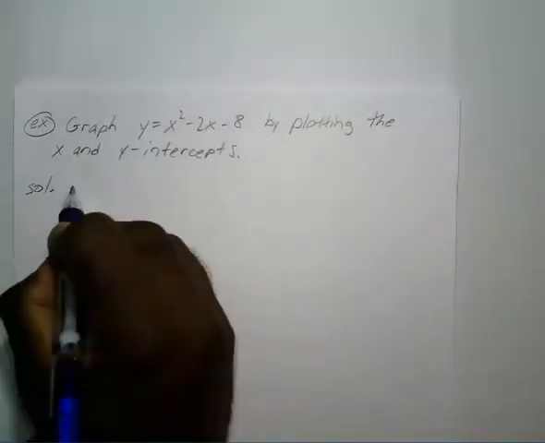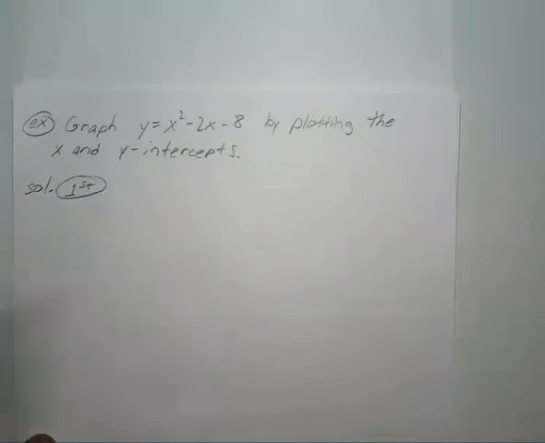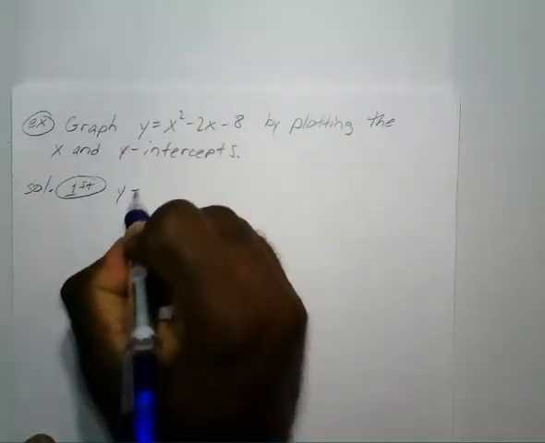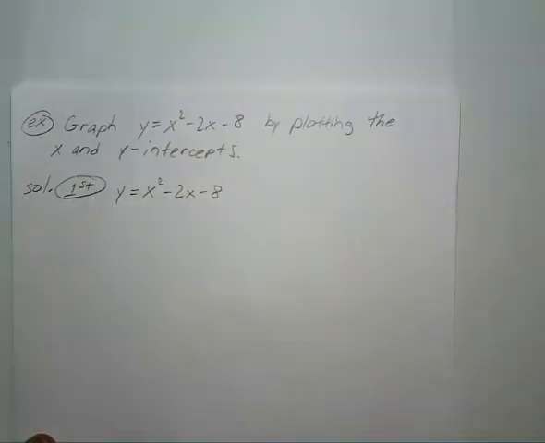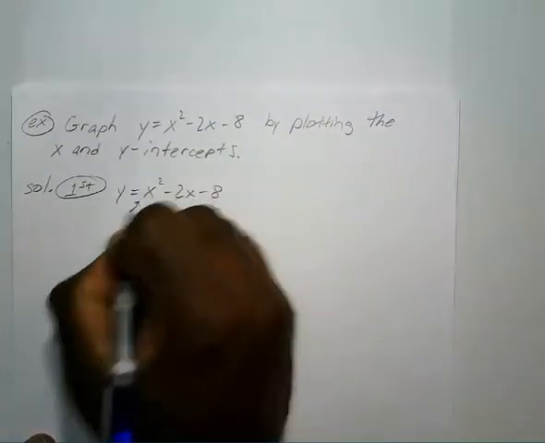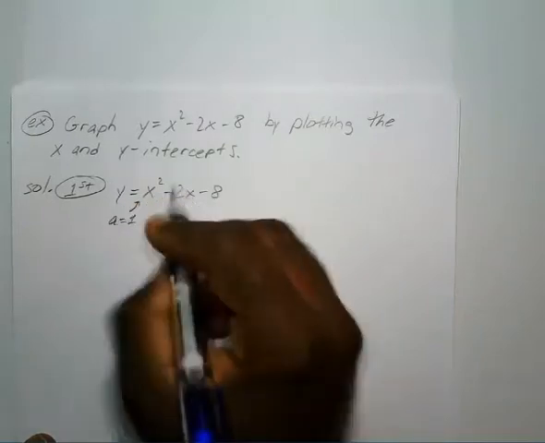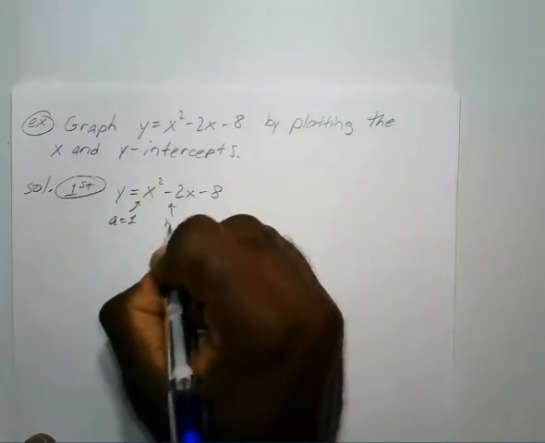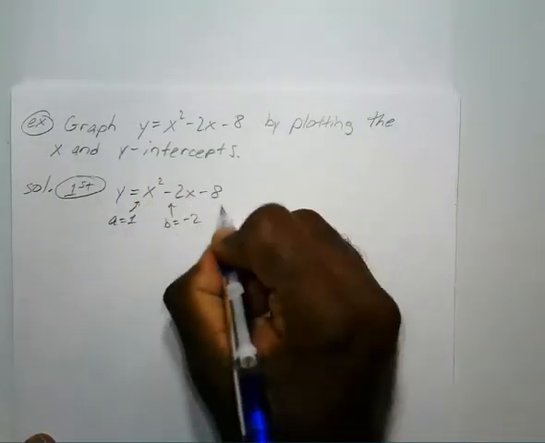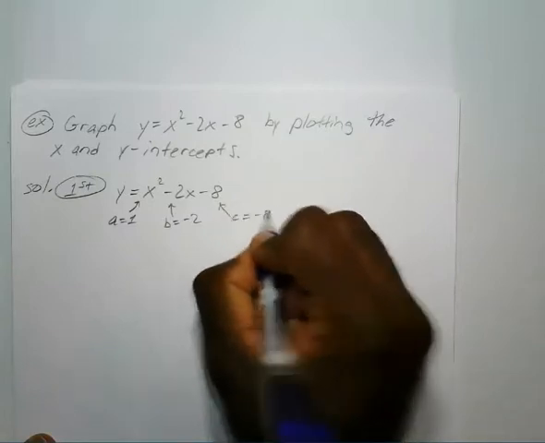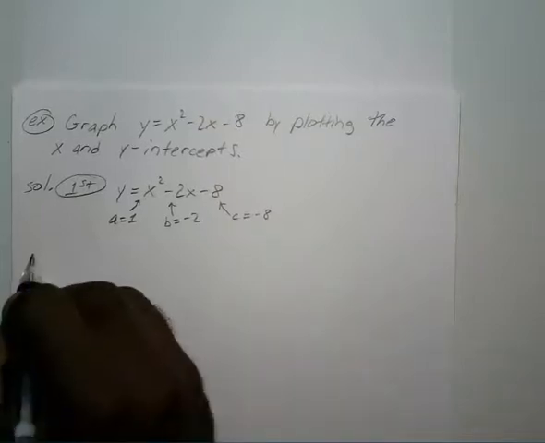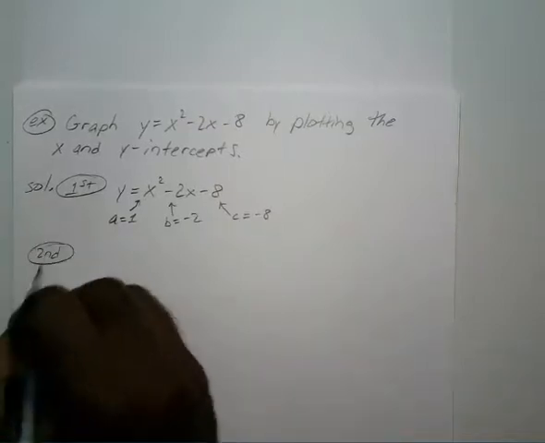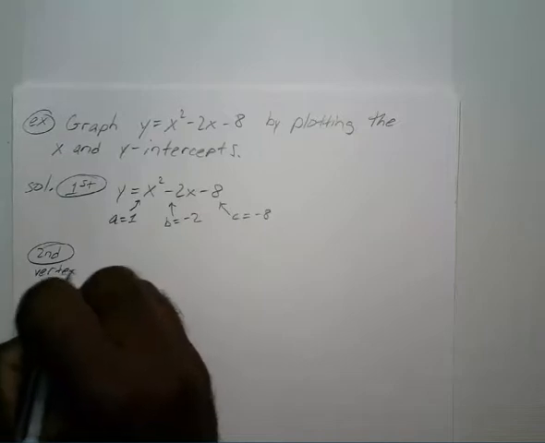Okay, so again, we go to our first step, where y equals x squared minus 2x minus 8 is in the right form. So we know our a is equal to 1, our b is equal to negative 2, and our c is equal to negative 8. Okay. So now we go ahead and go to our second step, where we find our vertex.